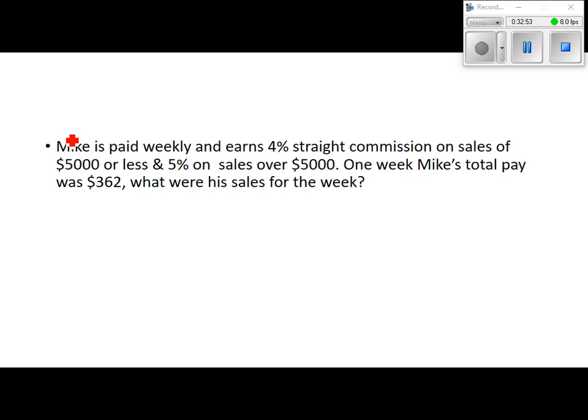And he made $362. First thing you want to do, if it's $5,000 or less, he makes 4%. So we're just going to take $5,000 times, what's 4% as a decimal? 0.04. Somebody multiply that for us. 200? So $200 for when he sells $5,000, he makes $200 in commission.